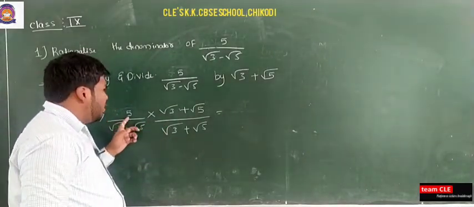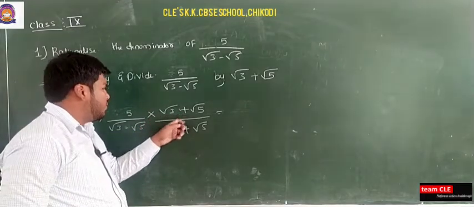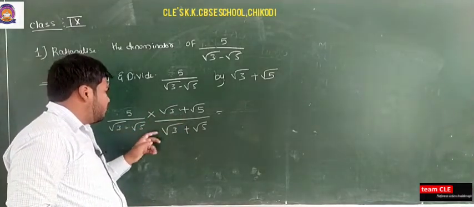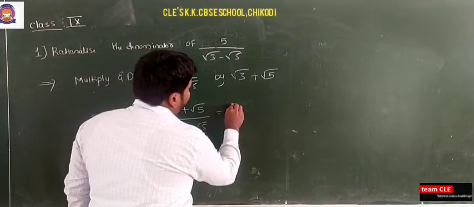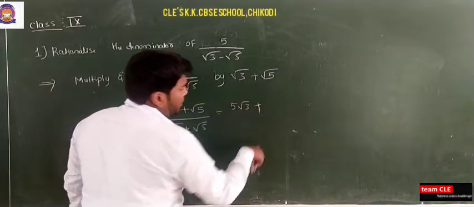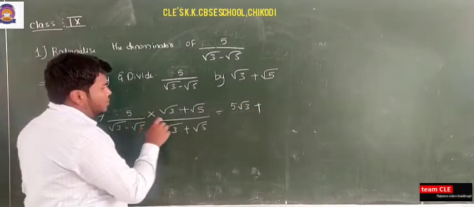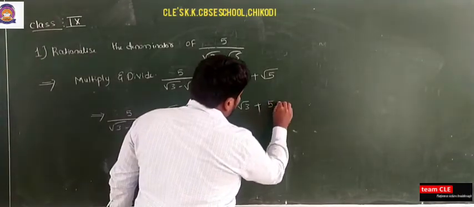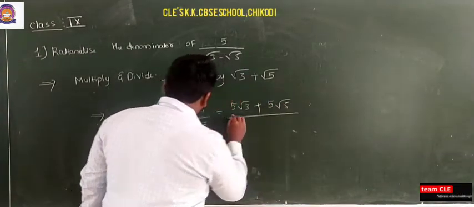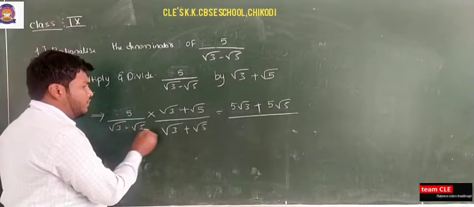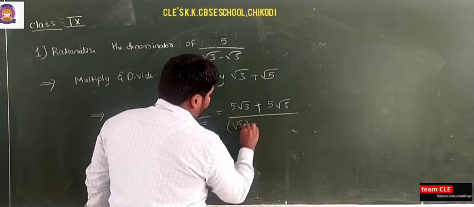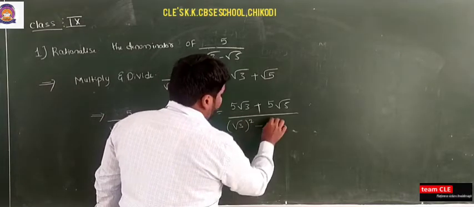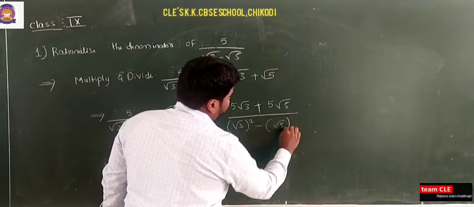Now 5 into root 3 plus root 5 over root 3 minus root 5 into root 3 plus root 5. Multiply 5 into root 3, plus operation as it is, 5 into root 5. Now this is in the form of a minus b and a plus b, so we get root 3 whole square minus root 5 whole square.